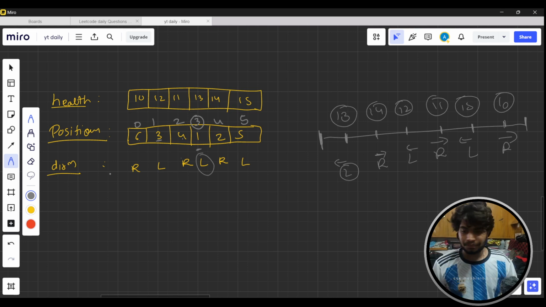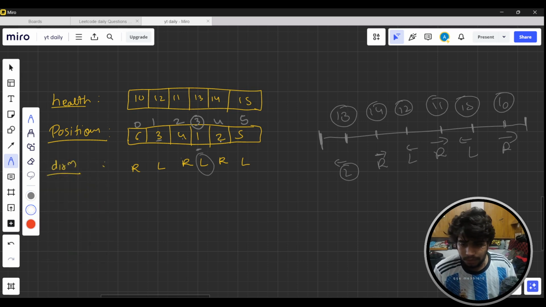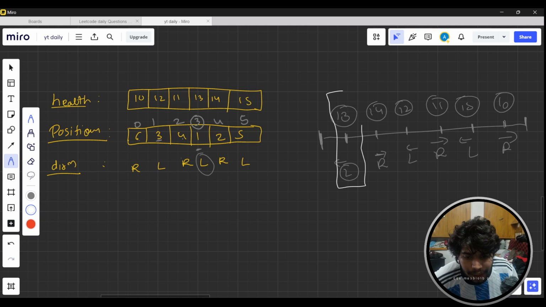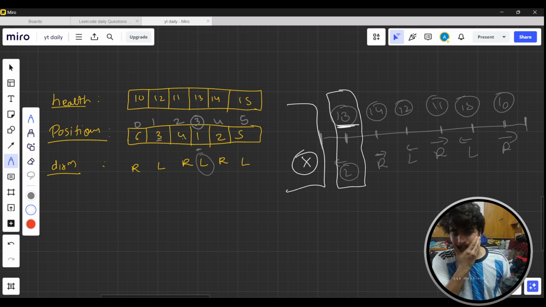So for sure, in this example, this robot will not collide with any robot because there is no previous robot which is moving right. Yes, true. Okay. So its health will never get updated. Okay, makes sense.